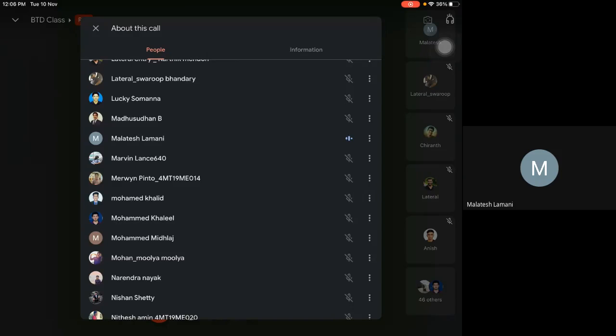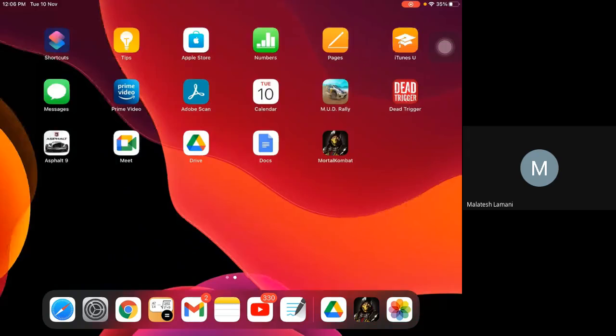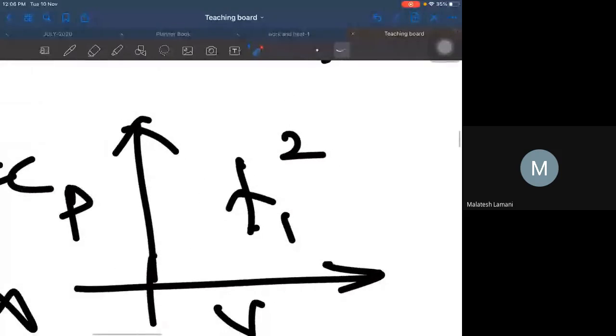So since the volume remains constant, however much energy is supplied to the body, the energy remains the same, sir. Okay, Malatesh. Just look into the PV diagram of this. Are you able to find something? Any clue?